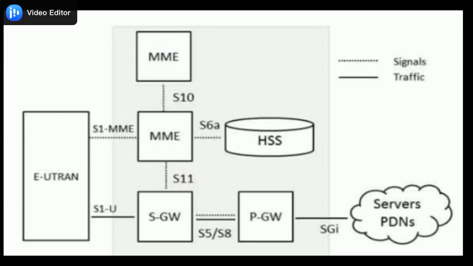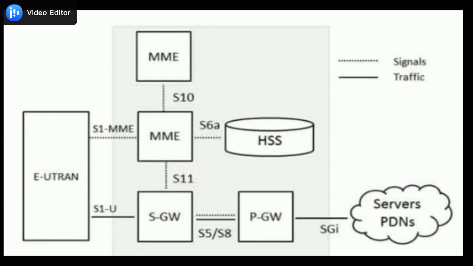Okay, now we will talk about the serving gateway. SGW, serving gateway, acts as a router and forwards data between the base station and the PDN gateway. Now we will talk about MME. The mobility management entity controls the high-level operation of the mobile by means of signaling messages and the home subscriber server, HSS.